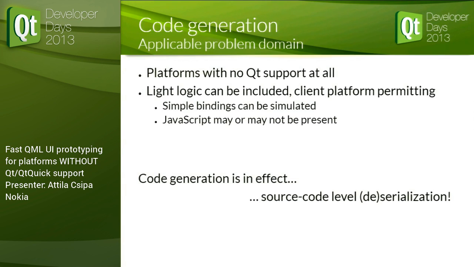We have a completed object ready in QML, so that the Qt engine has a completed object, and then all we do is serialize it into whatever language we are using on the target platform. Very simple.